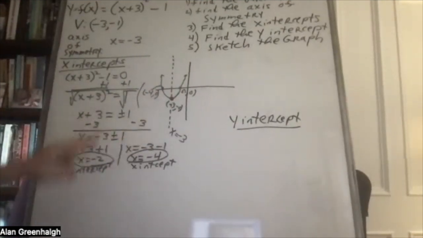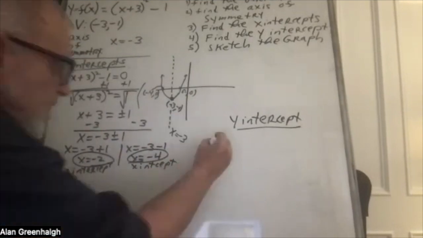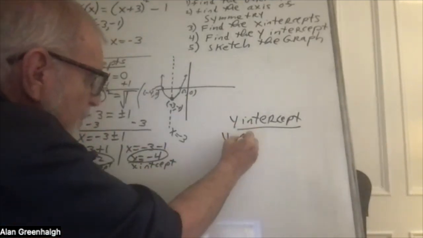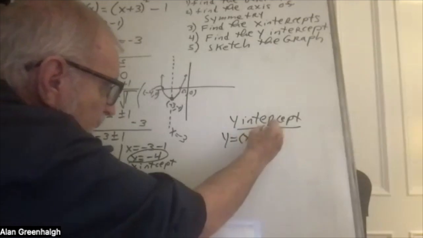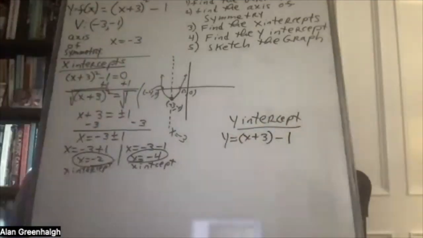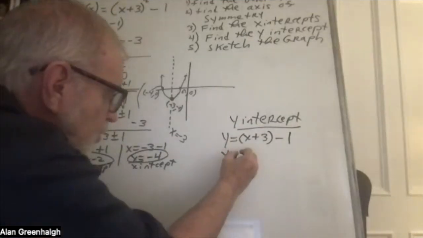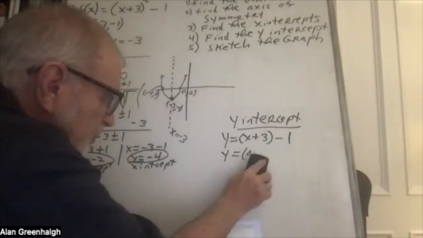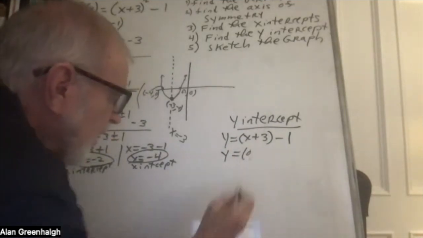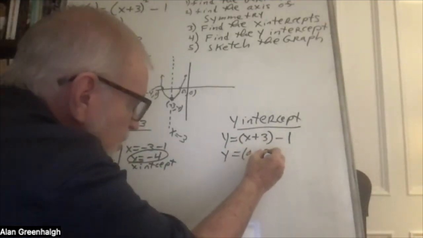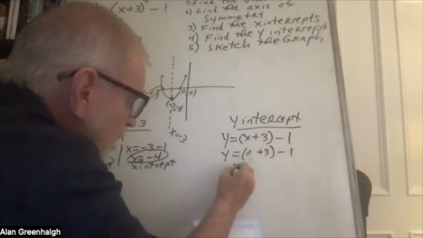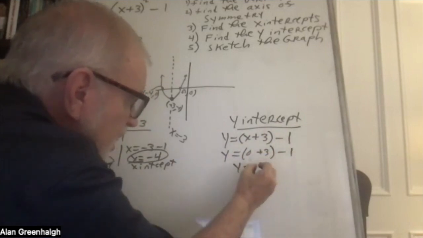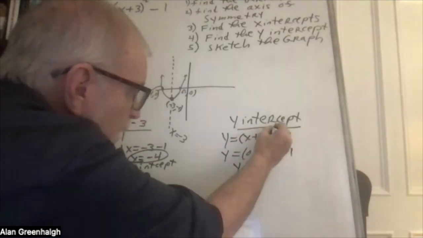Now the y-intercept is the value of y when x is 0. So y equals x plus 3 minus 1. So 0 plus 3, -1, y equals 3, well, squared, right?